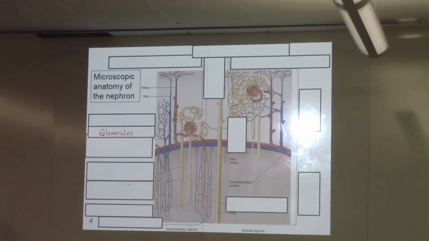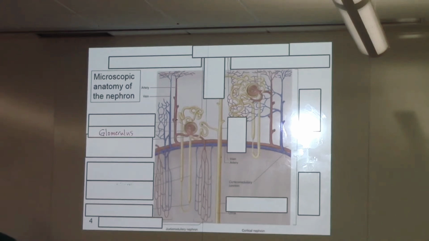Okay, let's do another one. Who wants to pick one? This is the loop of Henle. Okay, good. So the book makes a big point about thick and thin elements of the loop of Henle, which I don't make a big deal about. We do have to think about the descending and ascending parts of the loop of Henle.